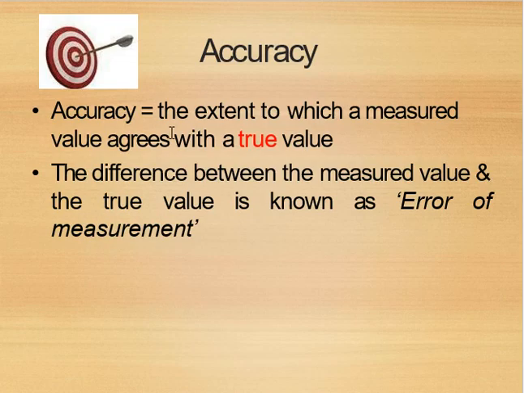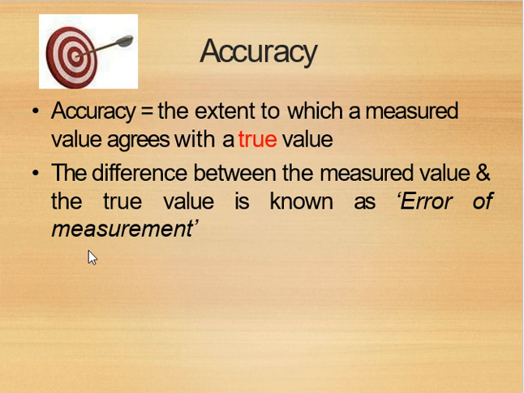Generally, accuracy is the extent to which a measured value agrees with a true value. The difference between the measured value and the true value is known as the error of measurement. We have to see the classification of errors that we get while measurements are done, separately.